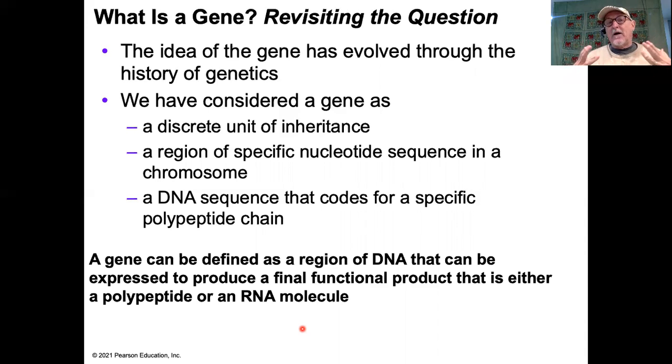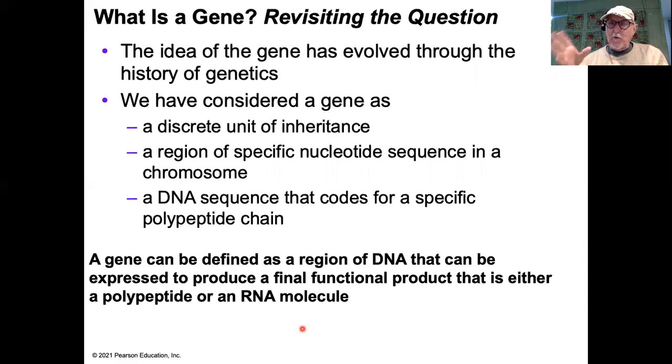Then our ideas changed, and we realized that a gene is in fact a specific nucleotide sequence on a chromosome, that each of our chromosomes is composed of a single very long length of DNA, and each of the genes is a particular region of that with a particular sequence.